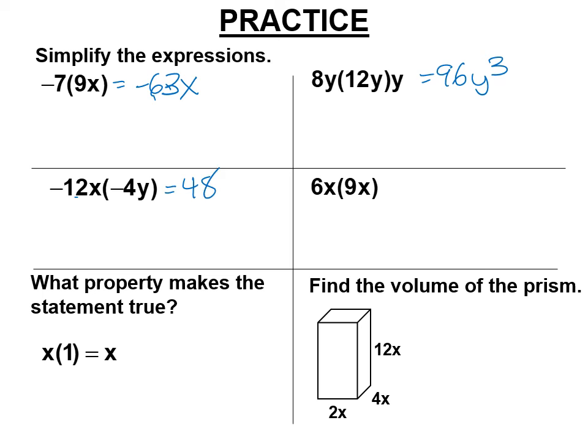Positive 48, two negatives make a positive. XY, right? That's X, not the time symbol. This is an example of the identity property of multiplication.